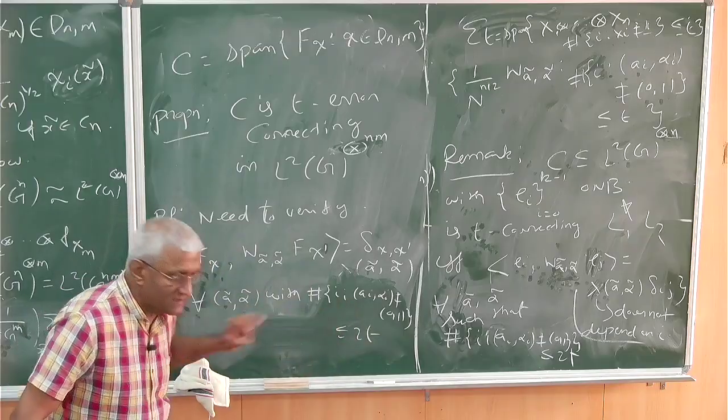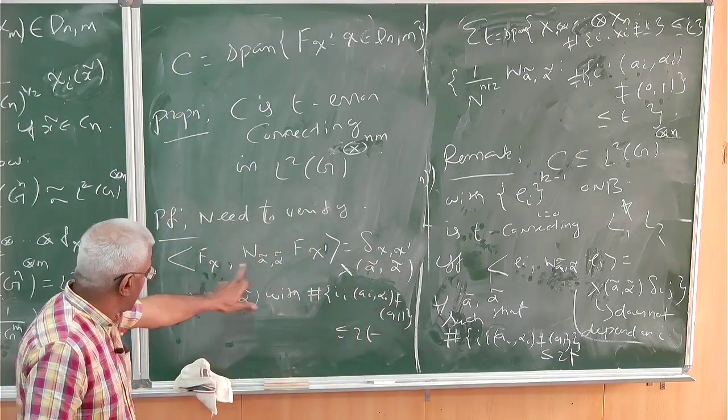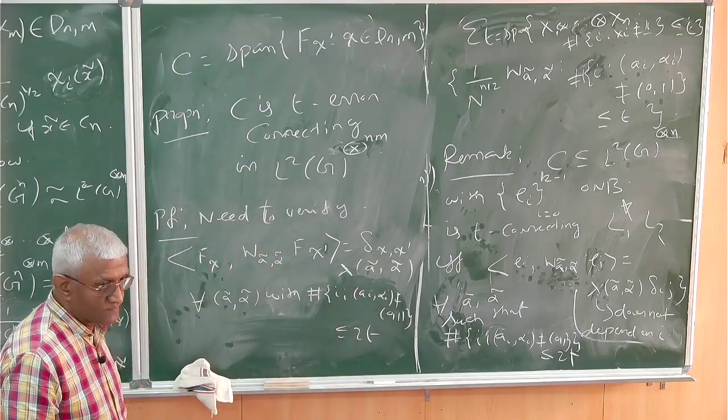We have to verify this, where this is some constant. So when chi is not equal to chi prime, we have to show it is the same.